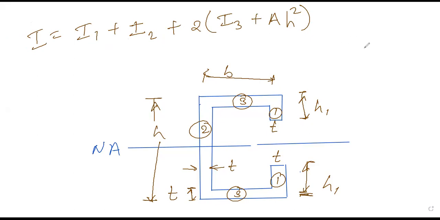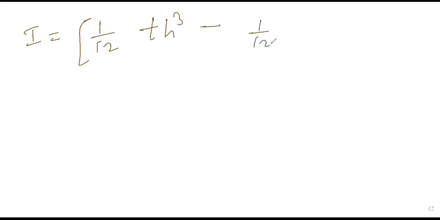H is nothing but the part third. So it is 1 by 12 T into H cube minus 1 by 12 T into (H minus 2H1) cube.